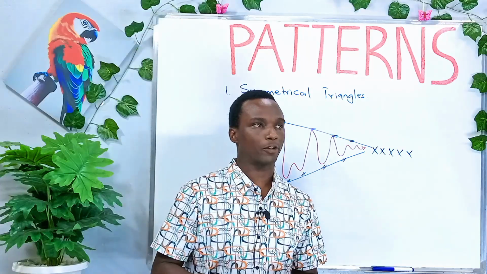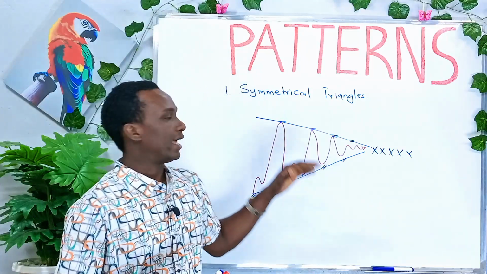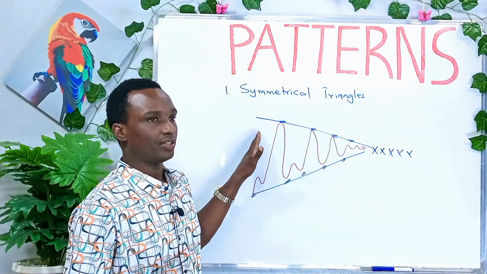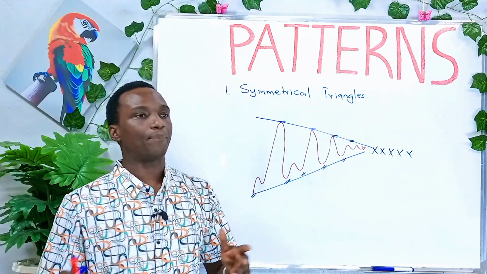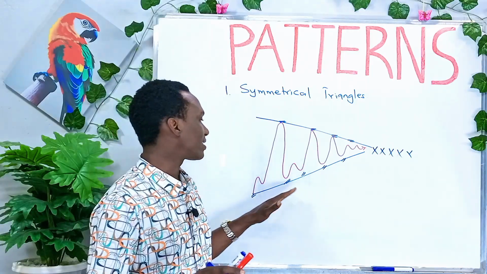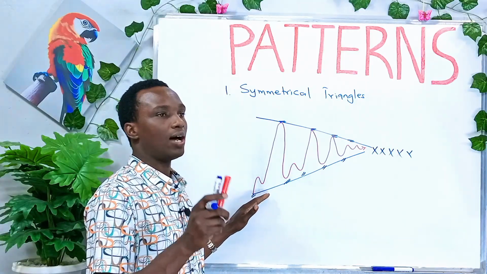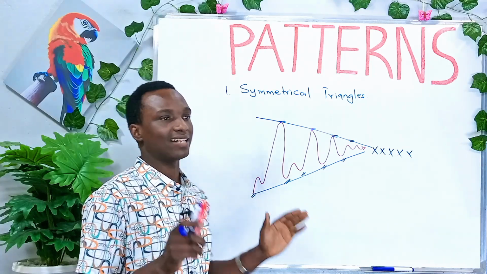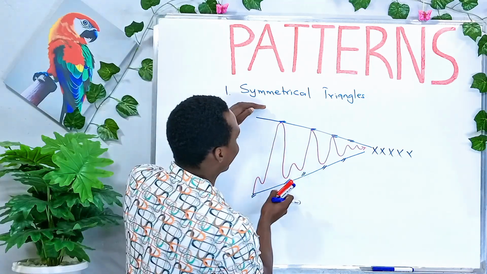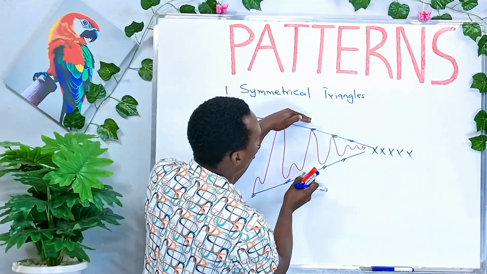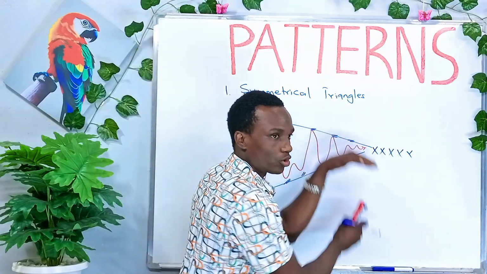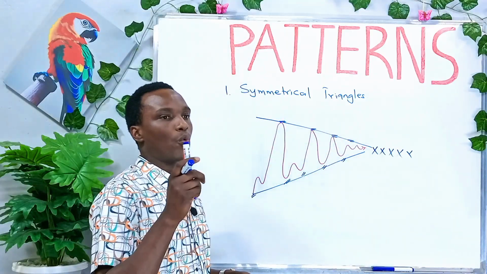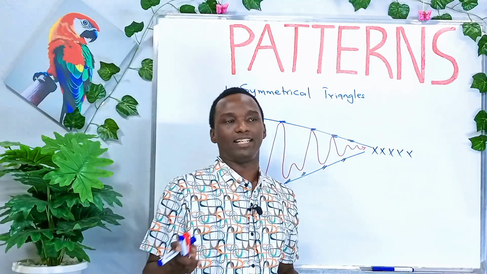Okay, good. So in this illustration, what happens is that we get lower highs and higher lows. As these two slopes come closer and closer and closer, a breakout is imminent.